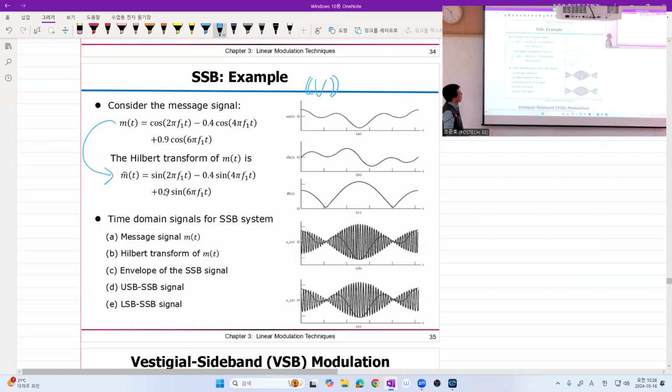Now, this is the envelope of the single sideband signal. So actually, we have something like this. And be careful, a single sideband signal has not only the in-phase, but also the quadrature component. So even though I always just draw like this, the zero crossing points do not have the same interval in general.